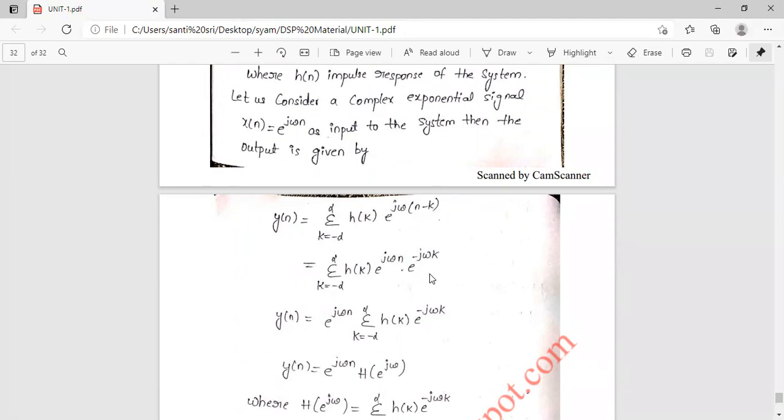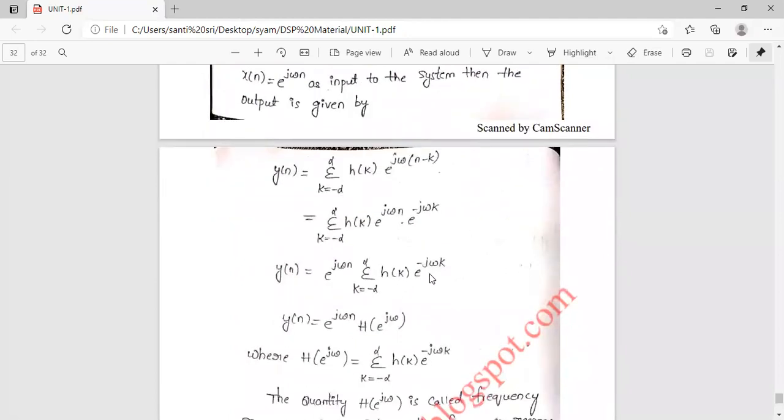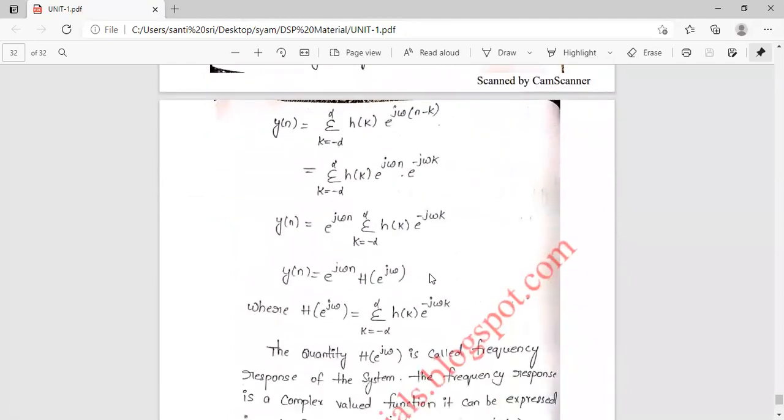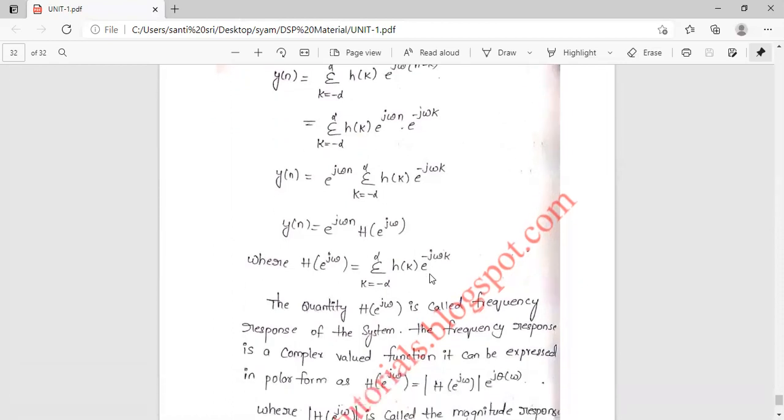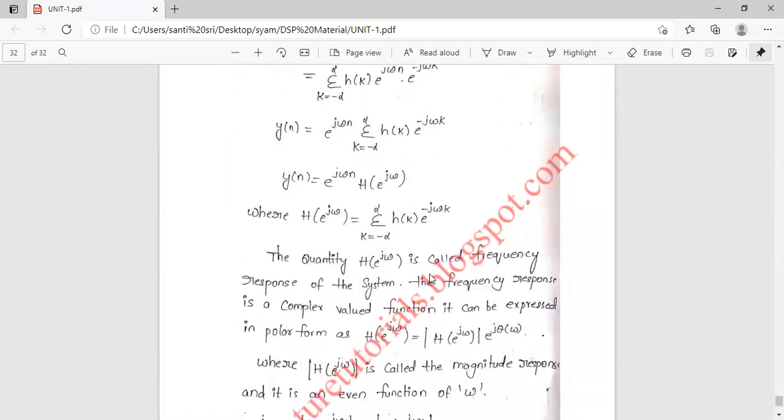Here H of e power j omega is nothing but the frequency response of the system, which is equal to sigma k equal to minus infinity to infinity h of k into e power minus j omega k. So it is a complex valued function.